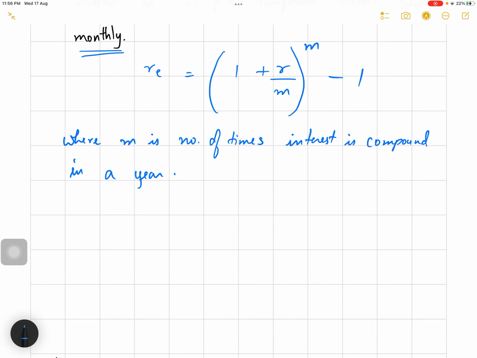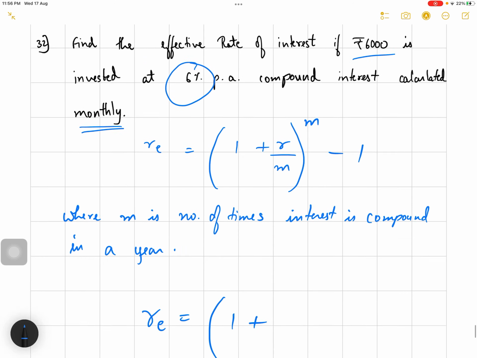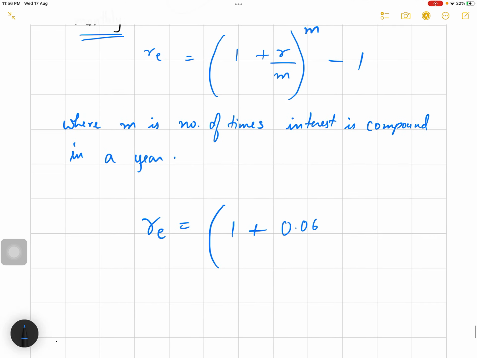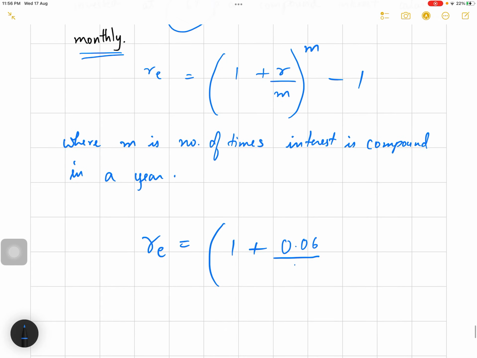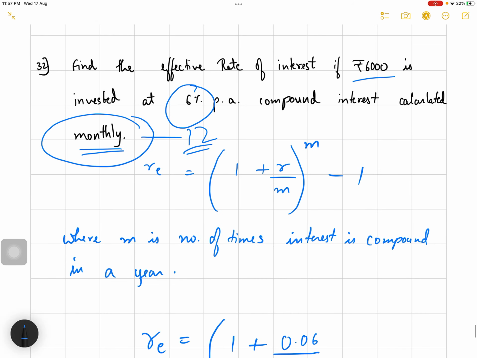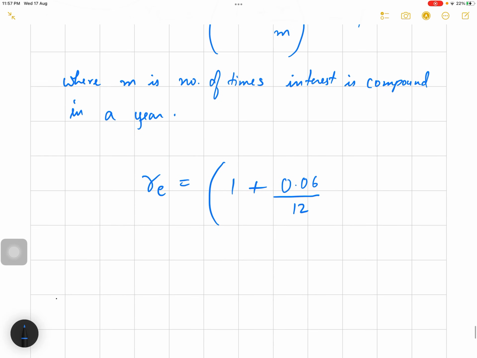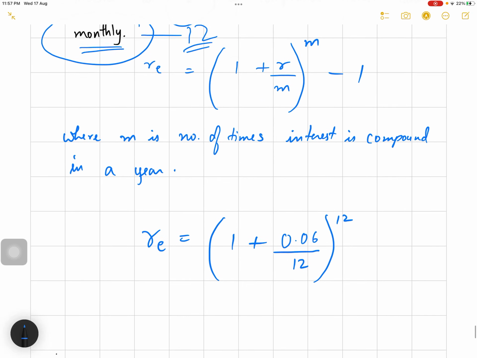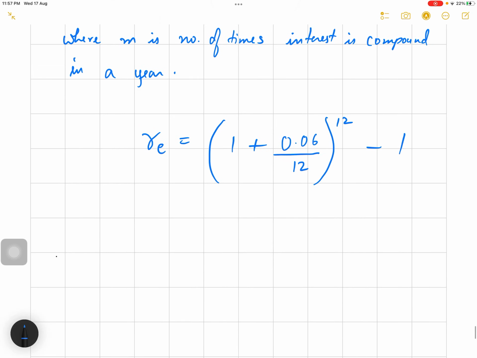So RE is equal to 1 plus R. The rate is 6%, that means 0.06, divided by M. M means 12, because in a year it is compounded 12 times. So divided by 12, raised to 12, minus 1.